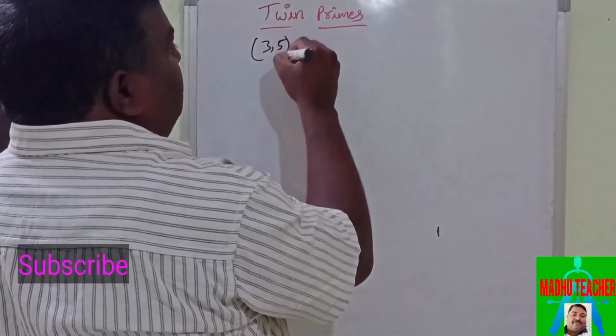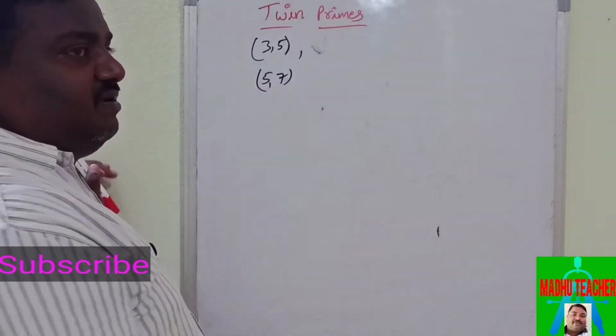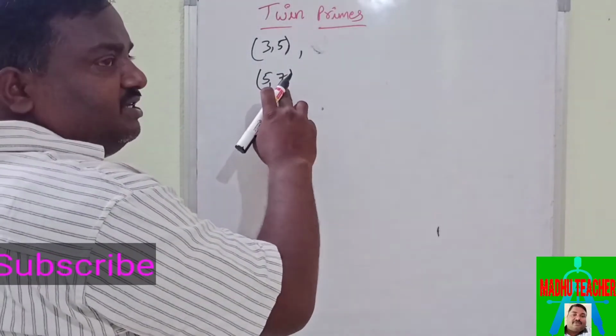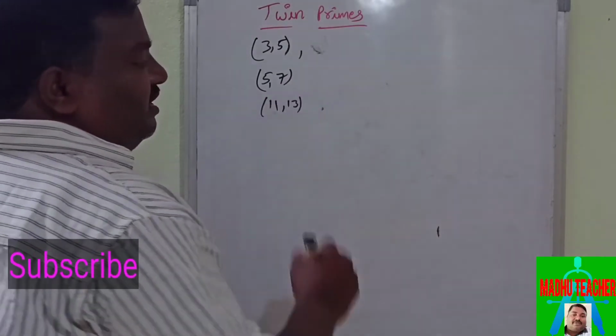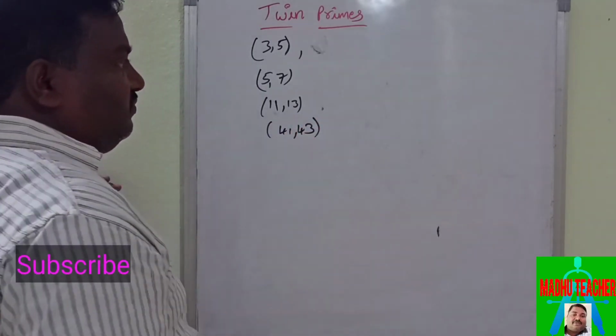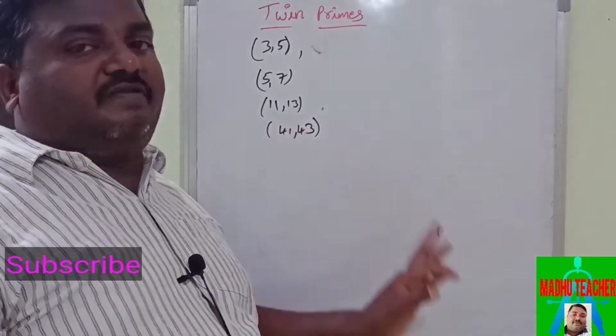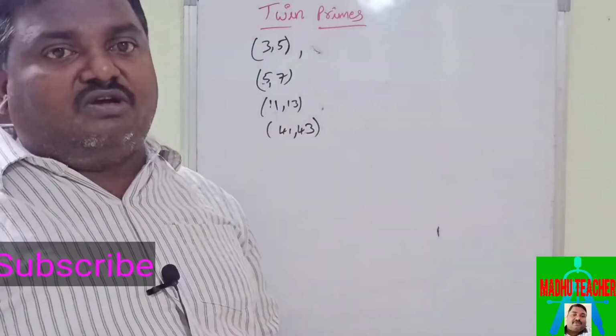Next 5 and 7. The difference is 7 minus 5, 2. Next 11, 13. Next 41, 43. The difference of 41 and 43 is 2. These are the twin primes. Like this, you can write some more twin primes.